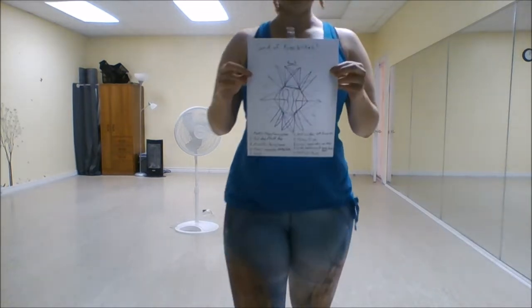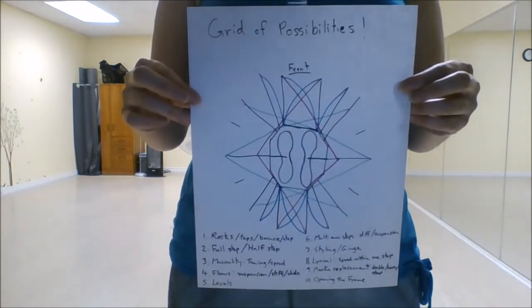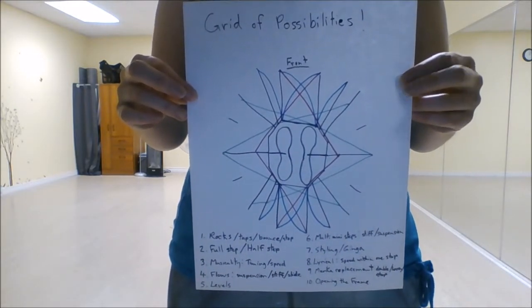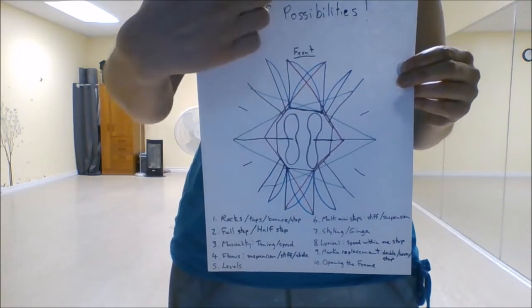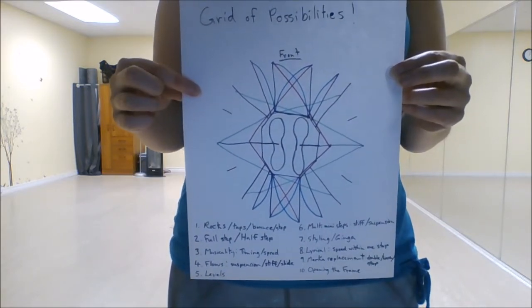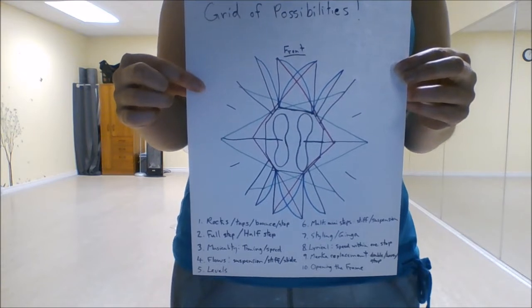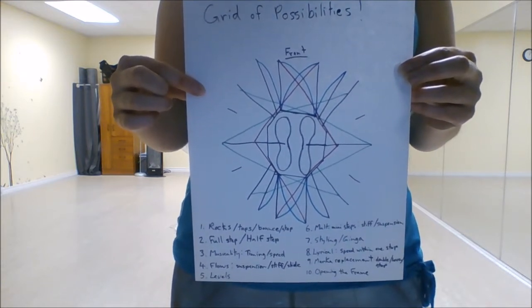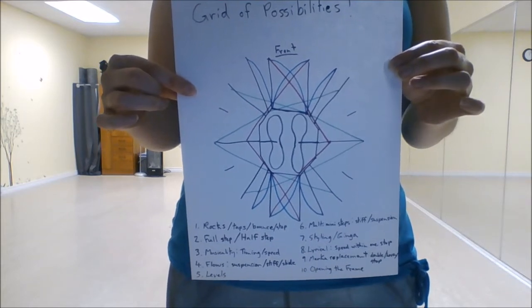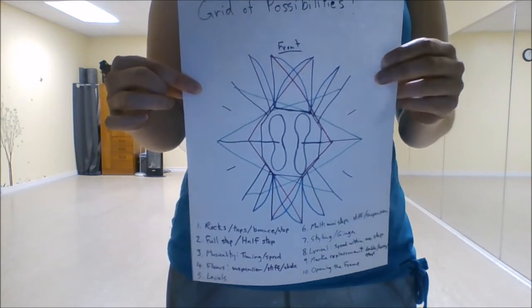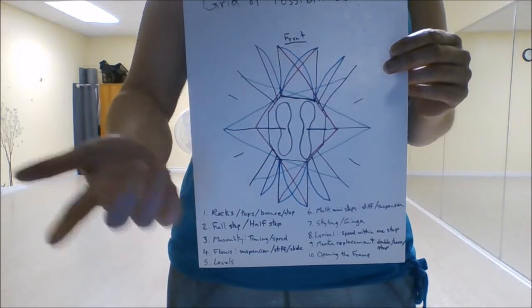I'm just going to come closer so you guys can see my little sheet here. I'm calling it the grid of possibilities, and this would be your 2 feet. This would be front, so you'd be facing this way, and all the lines are different possibilities of directions that you can take without actually leaving the center, so always 1 foot in the center.